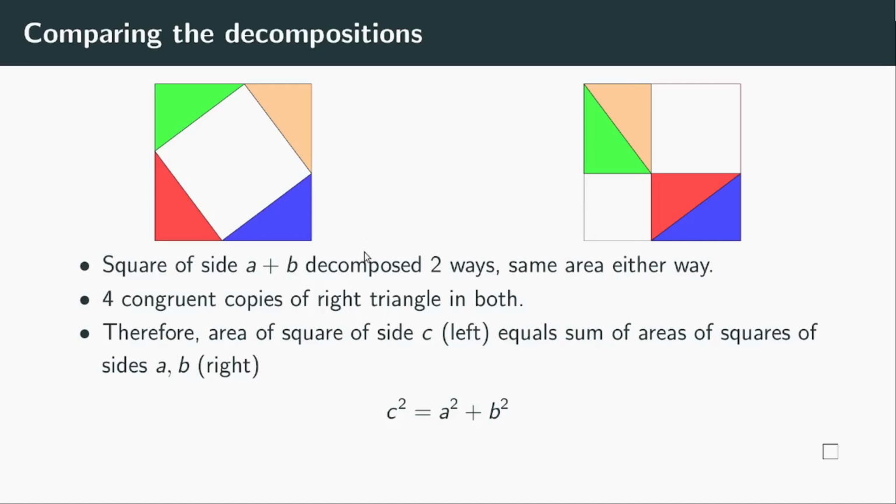By additivity of area, the area on the left minus the area of the four triangles is the same as the area on the right minus the area of the four triangles. That means the white square on the left has area equal to the sum of the areas of the two white squares on the right. Using the fact that the area of a square is its side length squared, on the left I get c squared, and on the right I get a squared plus b squared.